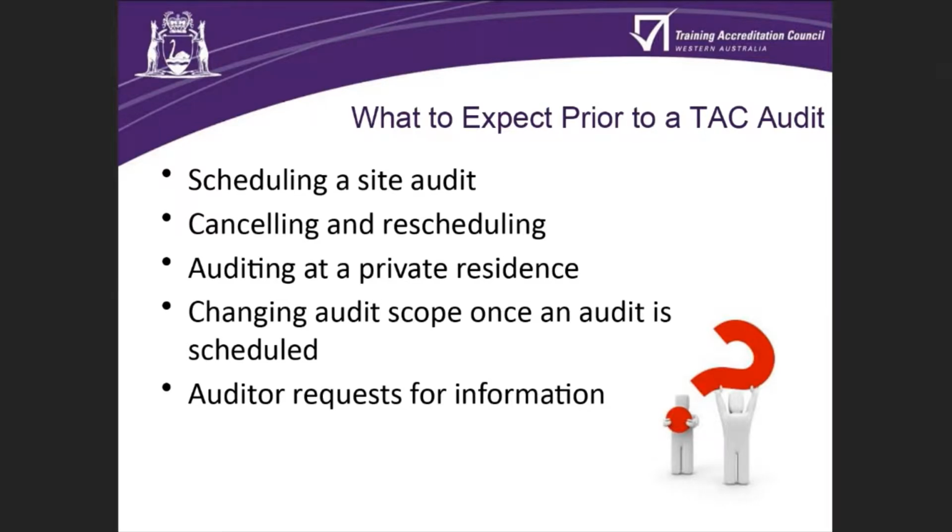You've actually got to have a valid reason for it, and the onus is also on the auditor to say, hang on a minute, thanks very much, that RTO is great, but I've actually got a conflict of interest with them for various reasons, and they have to tell TAC about that as soon as the audit is allocated to them. So there could be various reasons why there's a conflict of interest, but be aware that you need to declare that at the very beginning of this process once you're informed who the auditor is going to be.